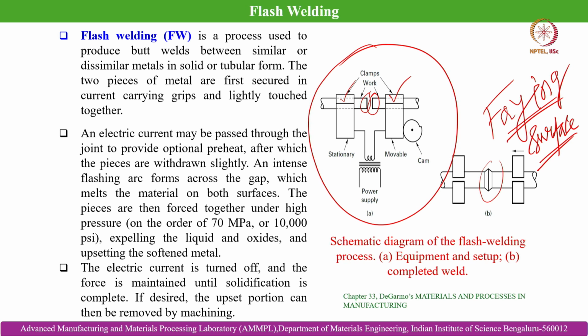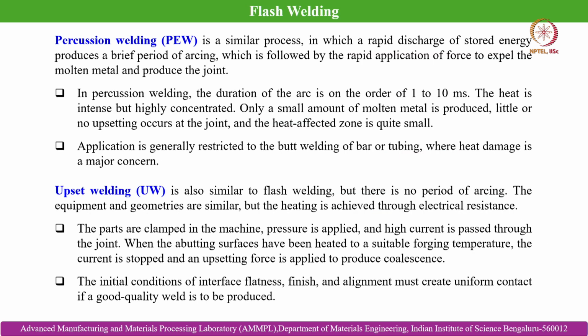Apart from the joint, there is also a hump created at the joint region between the workpiece materials, which based on the requirement can be kept, or can be trimmed off by turning, so that we can get a smooth cylindrical workpiece having a circular cross section. This is the basic principle of flash welding.